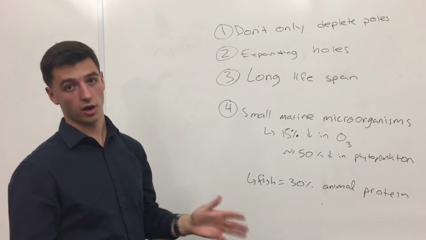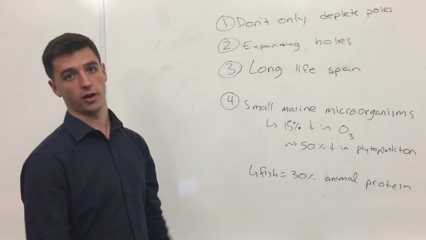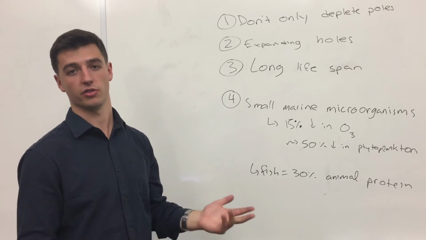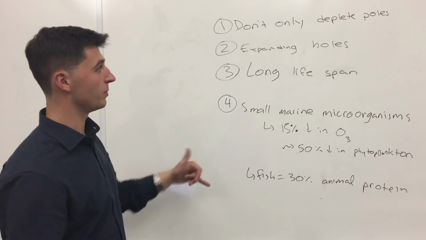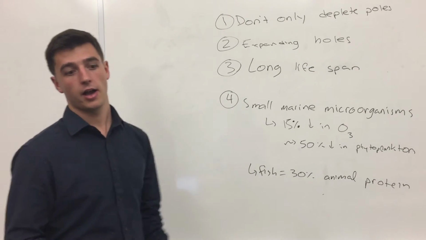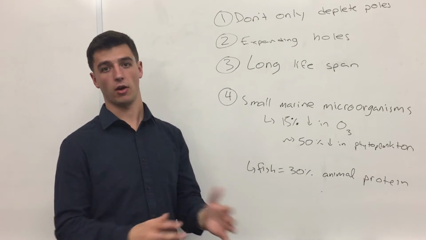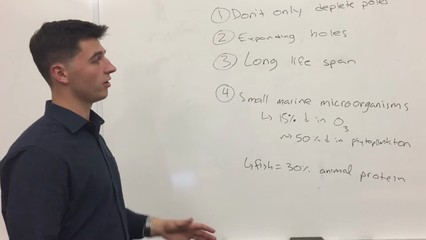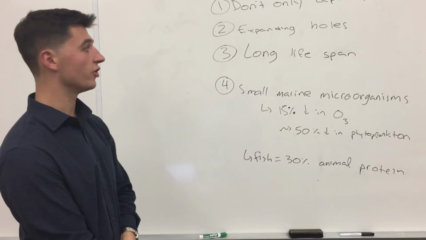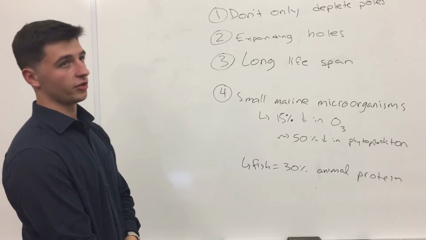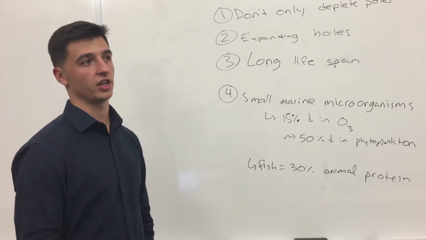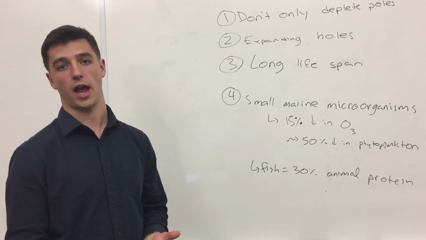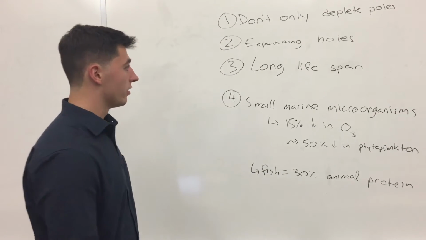The holes are just the largest there, based on polar stratospheric clouds and the other reasons we talked about. The next reason is because these holes are expanding. Over the years, the area of the holes in the ozone has also been increasing. For this reason, it could start directly affecting northern communities and causing increased rates of cancer, cataracts, and mutations.